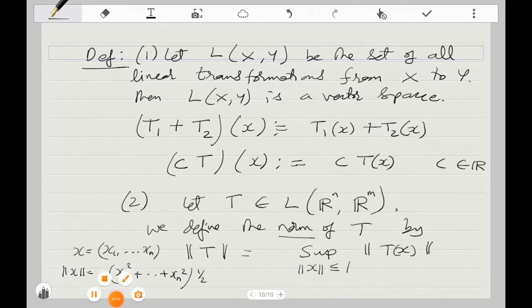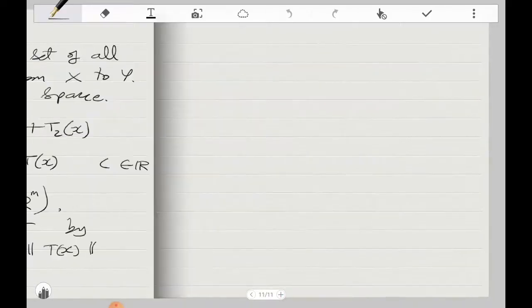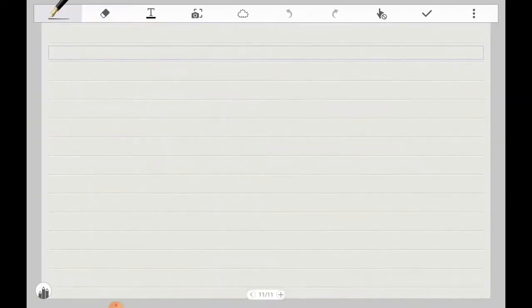So the basic inequality which makes this useful is the following. Note that norm Tx is less than or equal to norm T multiplied by norm x, for all x in that domain.